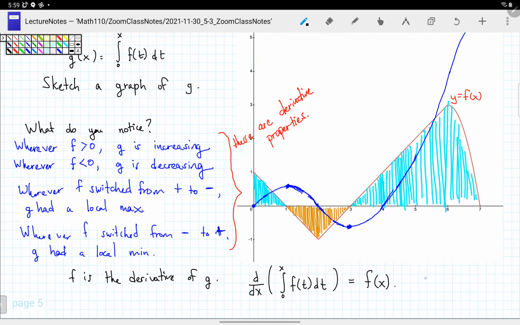So this is the fundamental theorem of calculus, part 1, and this is really meant to give a little bit of an intuition of how this relationship came to be, without really proving it in a rigorous manner.